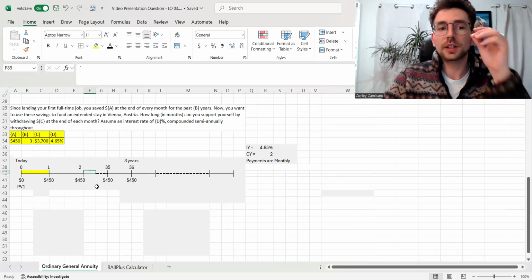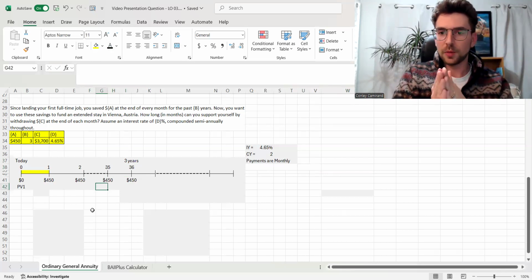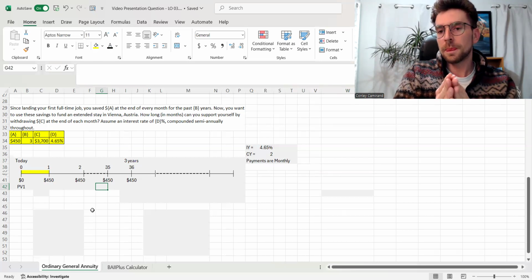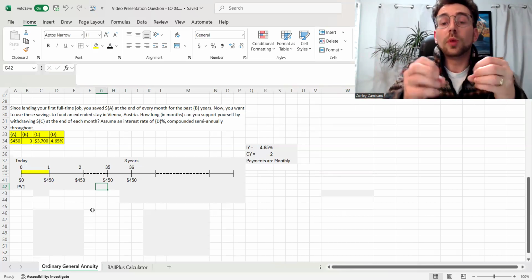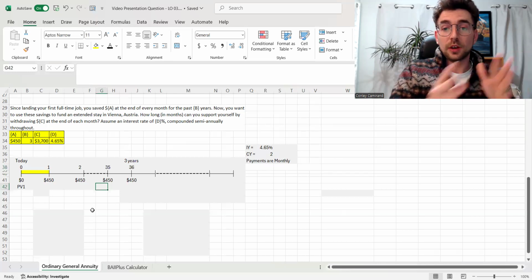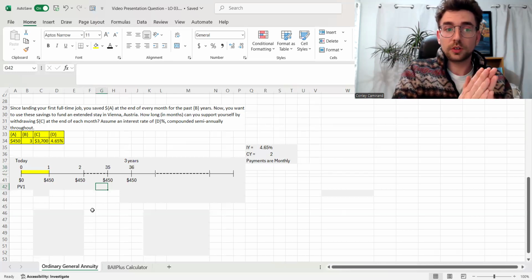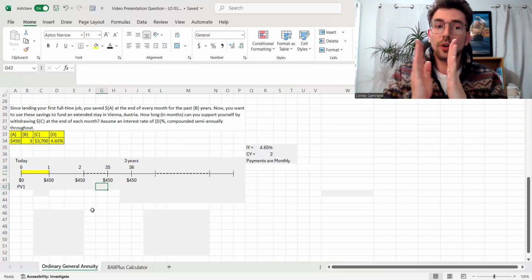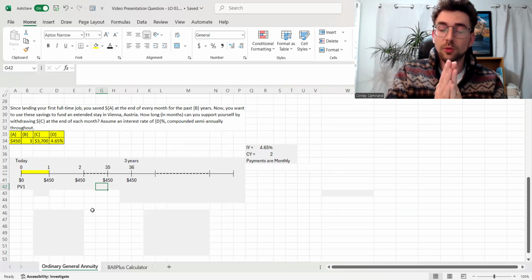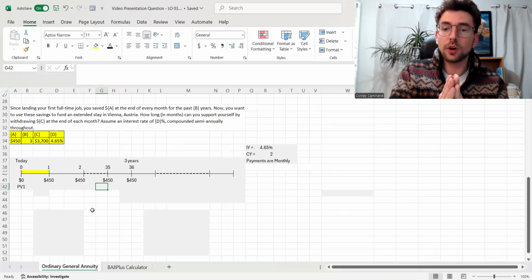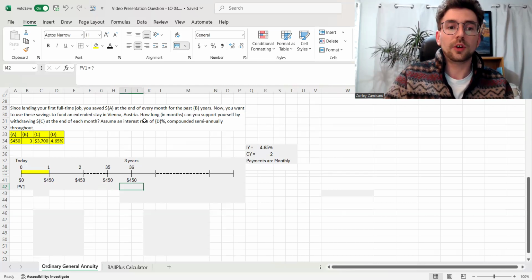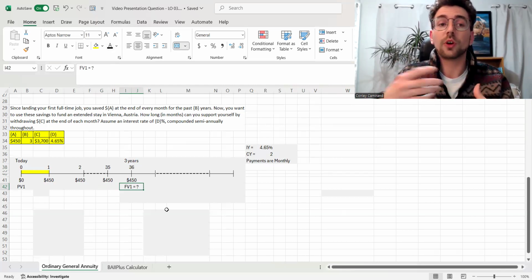Here we have our payments. We have the dotted lines to show a break in the timeline, just so we don't have too much information on it. We just need enough to show that we start with 0 and the end of the accumulation is at the 3-year mark. Here we will have the future value, which we're figuring out.